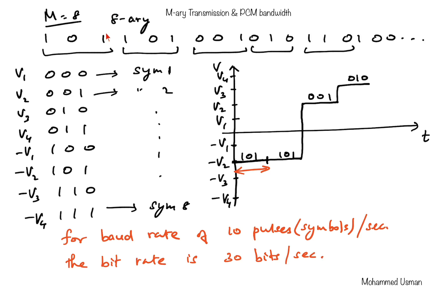And now with 8-ary transmission, the same 10 pulses per second baud rate is giving us 30 bits per second. So the baud rate and bit rate have a relationship now. We'll represent the baud rate, or symbol rate, as RS, and we'll try to find a relationship between RS and RB. So let's write it down.